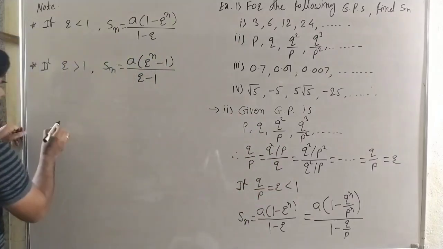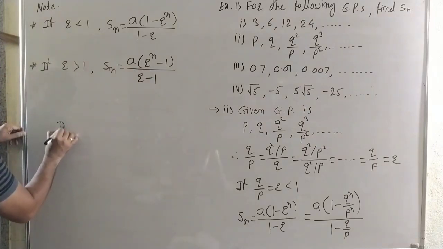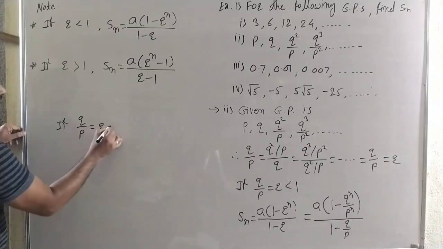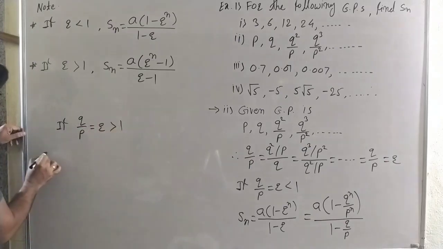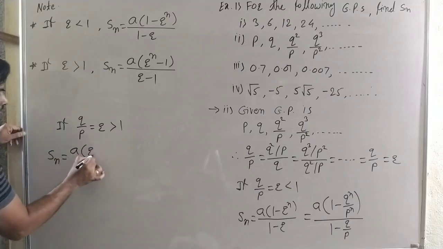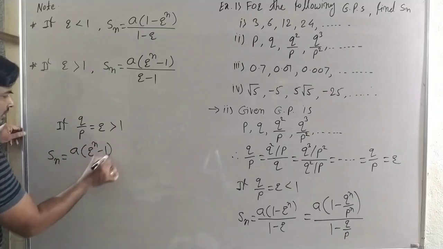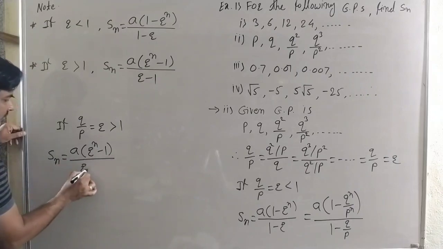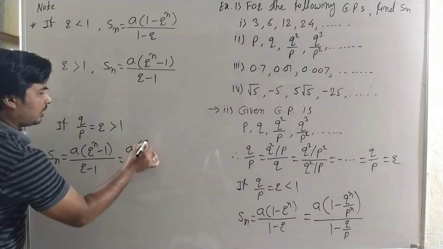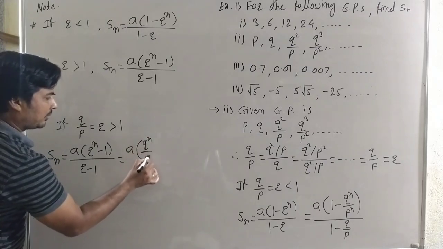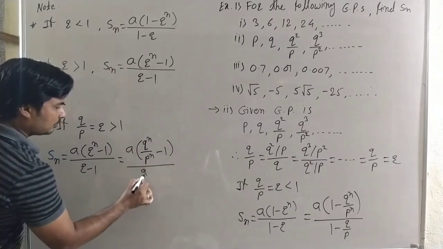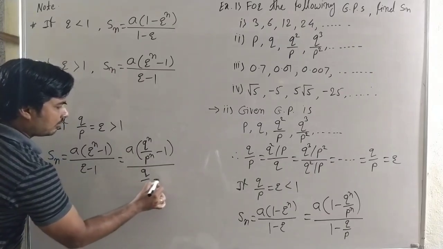Okay, now the second case: if Q by P, that is R, is greater than 1, then Sn is equal to A into R to the power n minus 1 upon R minus 1, and then it is A into Q to the power n upon P to the power n minus 1, whole upon Q by P minus 1.